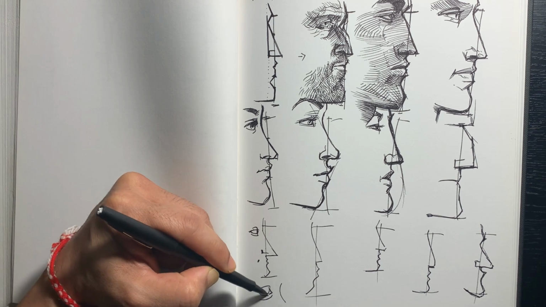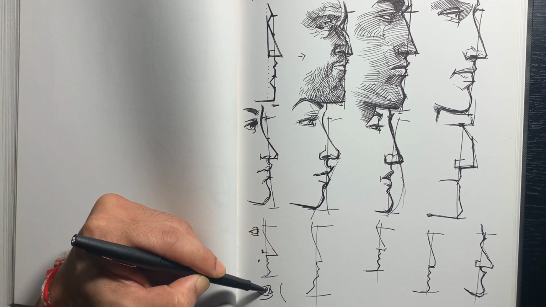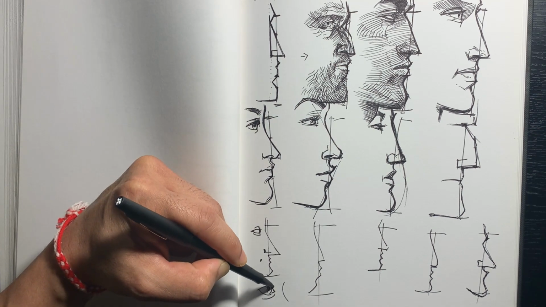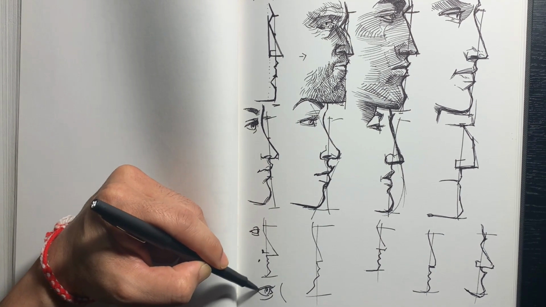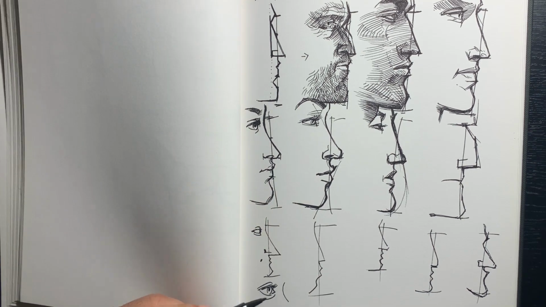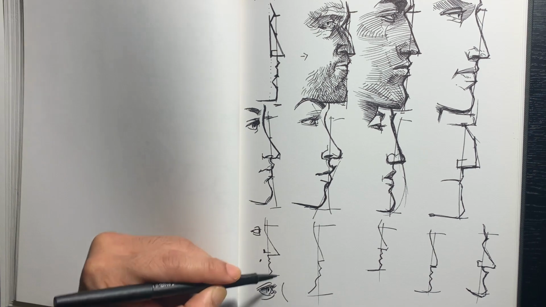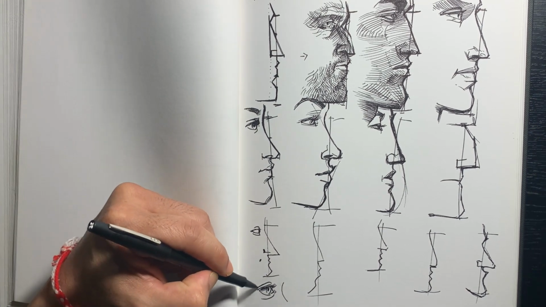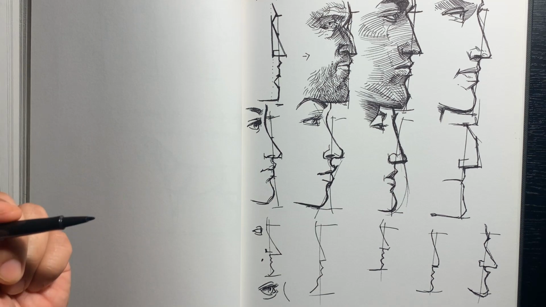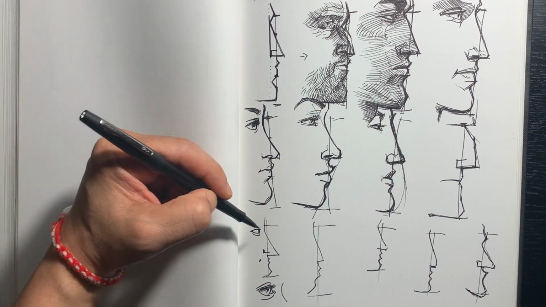And the eye is sitting in there, the eyeball. And then you have the cornea, and then the iris with the pupil. But there's definitely a lot of variety in the lashes. The lighting affects things. So that's the basic idea, but I'll do another video detailing stuff like that.